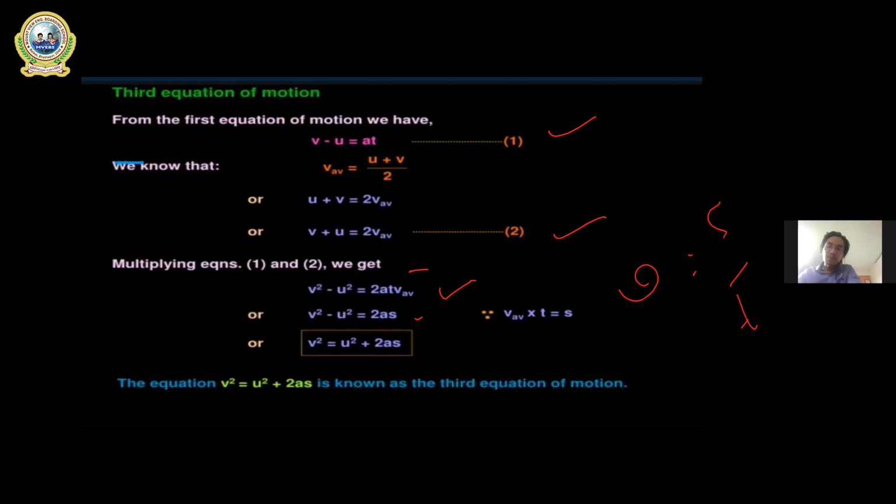That means displacement equals average velocity into time, and here time into VAB means this is displacement. So we got v square minus u square equal to 2as, which is the third equation of motion. This can also be written as v square equal u square plus 2as. If you write in this form, then you can find final velocity. When the question has given you initial velocity, acceleration and displacement, so it doesn't have time. This relation doesn't have time.